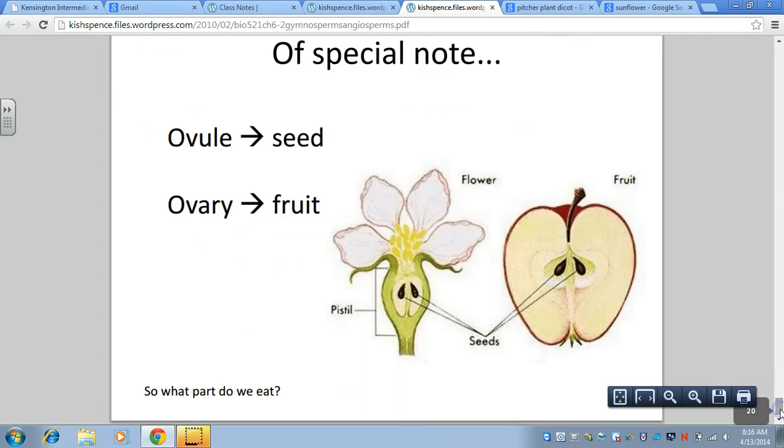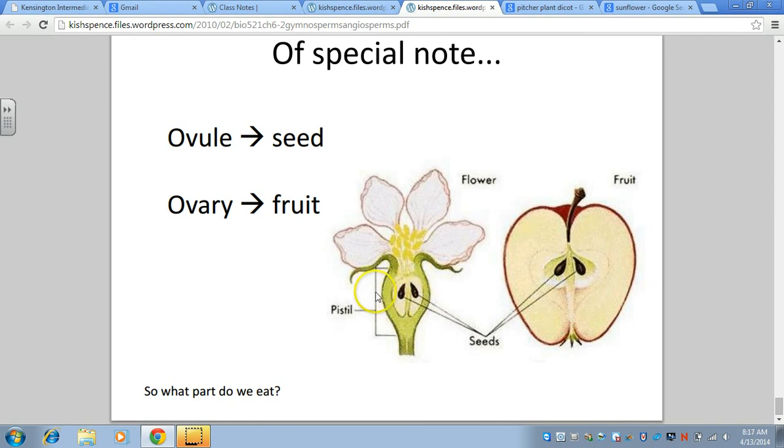Now, something you should notice: the ovule with the embryo inside, the ovule becomes the seed. The ovule had the egg inside, fertilization happens inside of it, then it forms a tough coat around it, forming the seed.